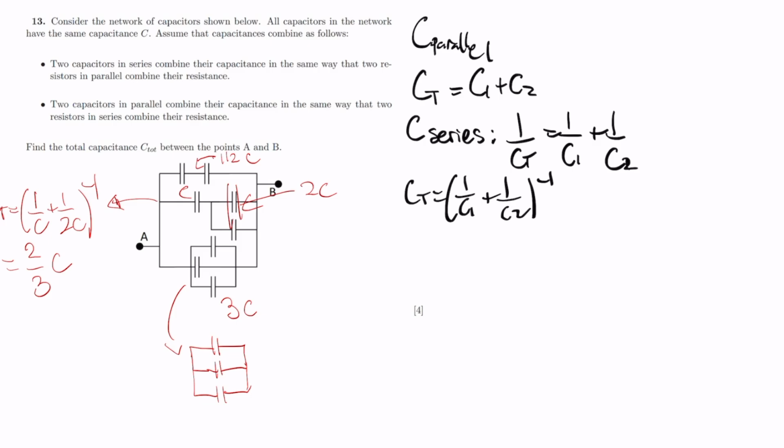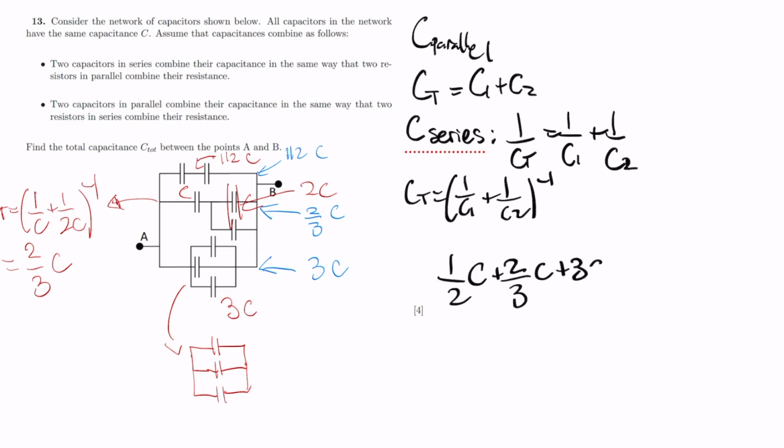The combined capacitance for the upper branch is half a C, the combined capacitance for the middle branch will be 2/3 C, and the combined capacitance for the lowest branch is just going to be 3C. So my final step will just be to do half a C plus 2/3 C plus 3C.